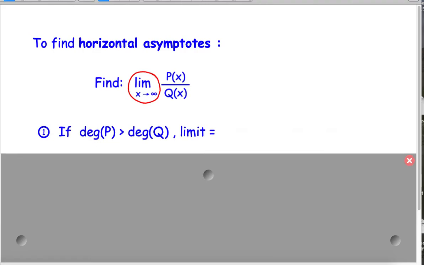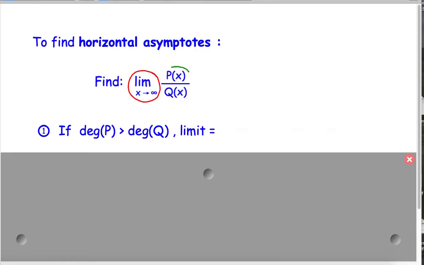So, there's three possibilities. We need to look at the degree of p of x and the degree of q of x. That means the highest power of your variable in the numerator and the denominator. Now, if the degree in the numerator, the p of x, is greater than the degree in the denominator, for example, let's say we had an x cubed plus 2x, and in the denominator we had an x squared minus 7x plus 4, whatever.